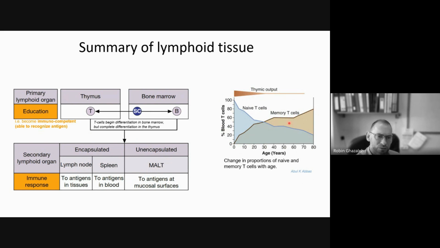But this drop in relative numbers of naive T cells, along with the very significantly reduced thymic output as we approach our 30s and onwards, means that older people are less able to mount a T cell response to new infections. So if you're exposed to SARS coronavirus 2 in your 60s or 70s, you're much less capable of mounting a good adaptive immune response than if you're exposed to this in your youth.